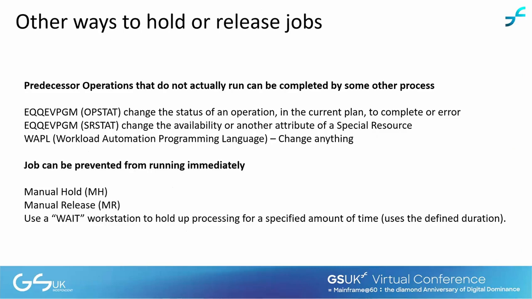And what else have I got here? Other ways to hold and release jobs. We've got predecessor operations that do not actually run, which can be completed by some other process. So you can have put an operation into the plan that has a workstation definition that means it's not automatic, so possibly manual start and completion, or start and completion, whatever type it is.